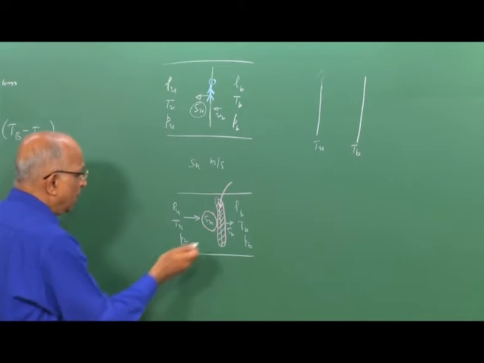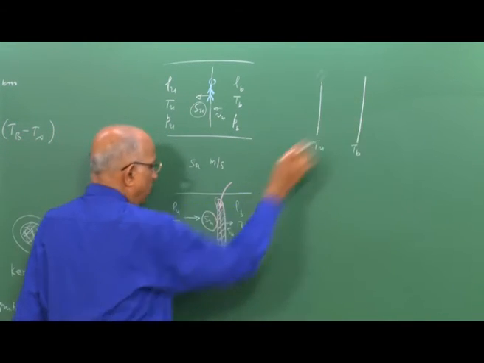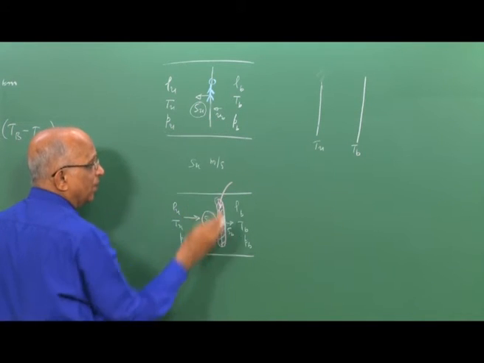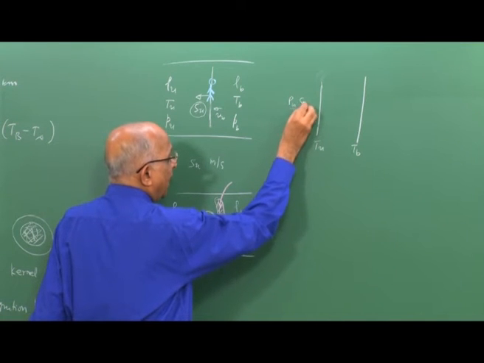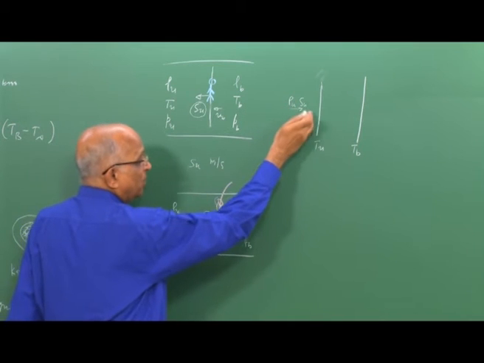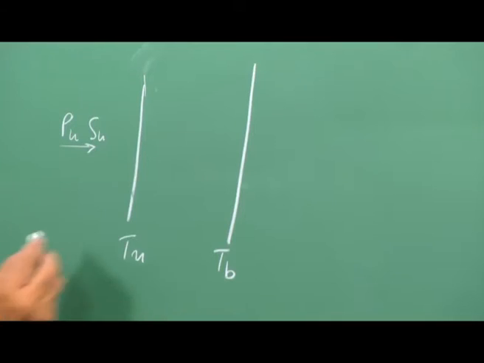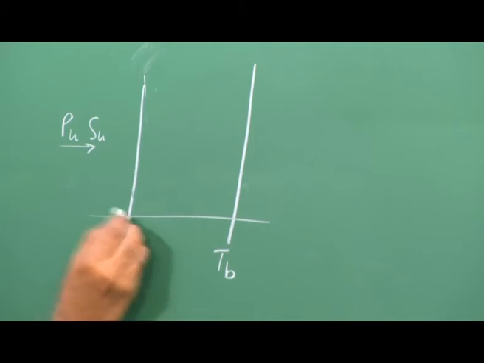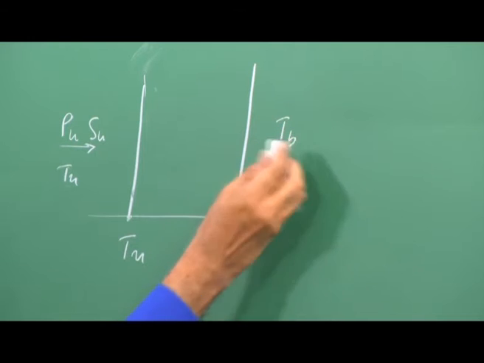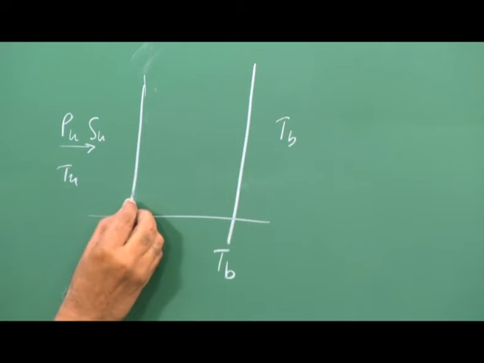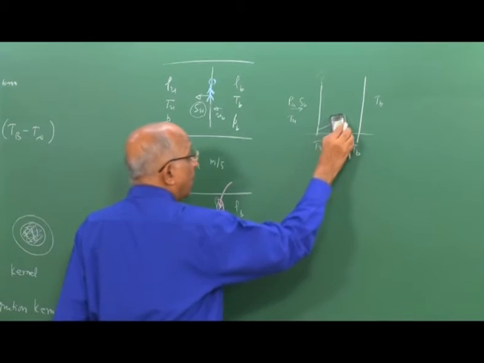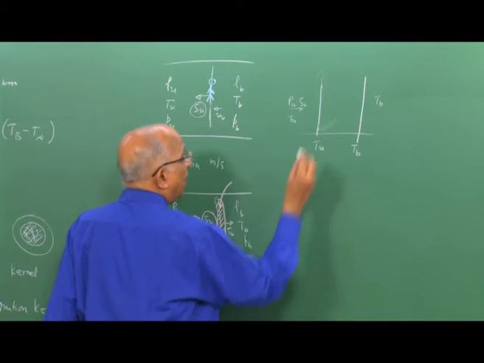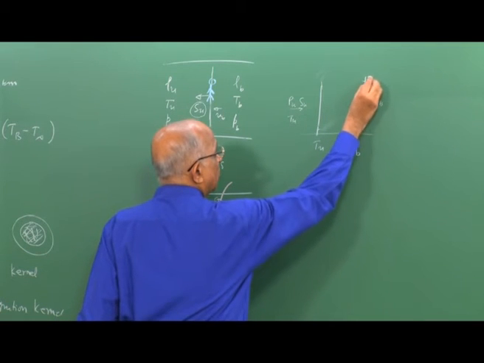I have rho u and speed Su, that means this is the mass flux entering this particular region. The moment it enters, initially it is at a temperature Tu, and with the hot products of combustion on the right-hand side, it is going to get heated and the temperature will begin to increase. Where does it end up? Ultimately, the temperature should be Tb.